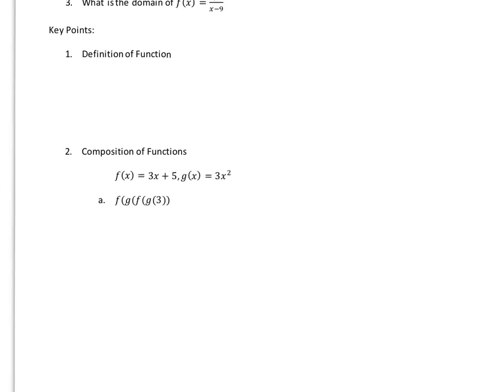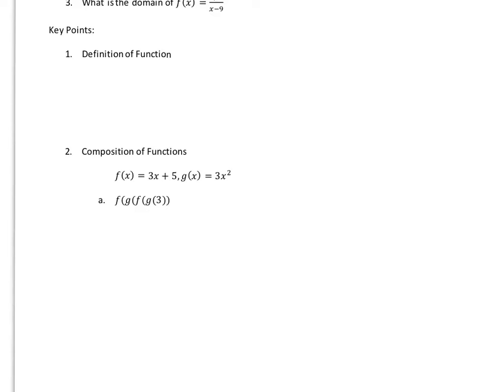So, okay, a composition of functions. Let's say we have this problem: f of x equals 3 times x plus 5, and g of x equals 3 times x squared. First we have to do the g machine.